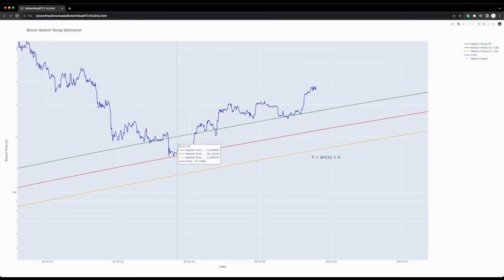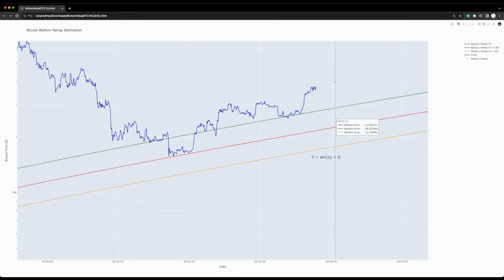Then Bitcoin bounced from 15k all the way up to 30k in April 2023, and then retraced again in August 2023 to around 26k. The green line acted as a support again, and then the Bitcoin price went all the way up to the 37k region where it is now.